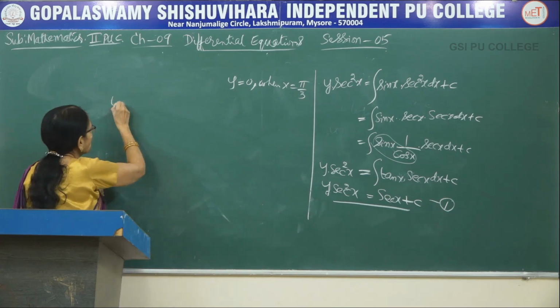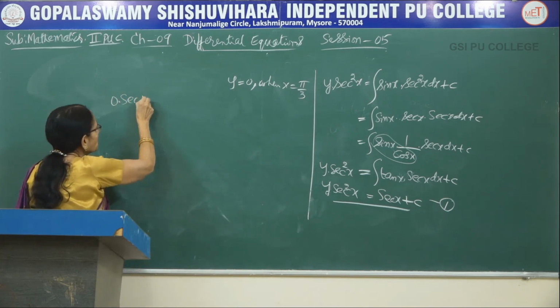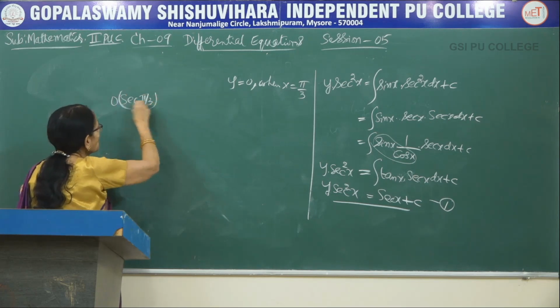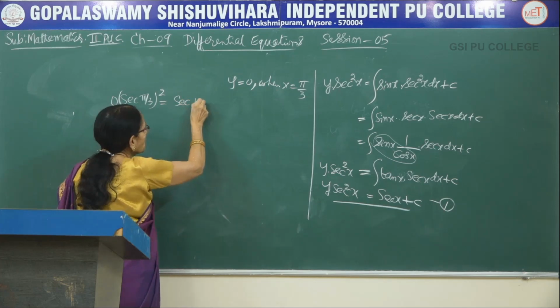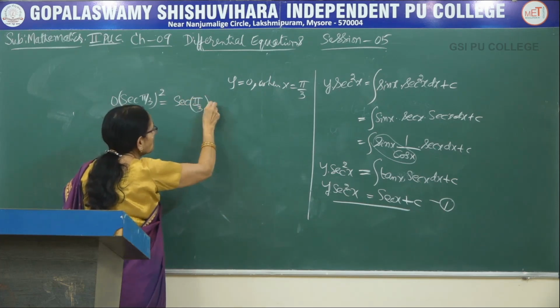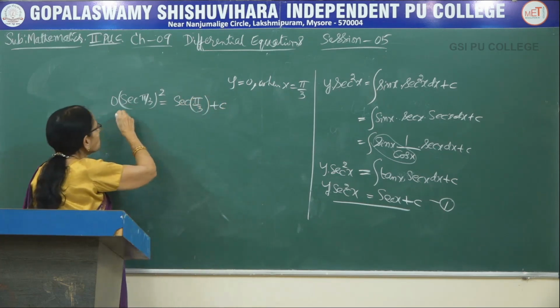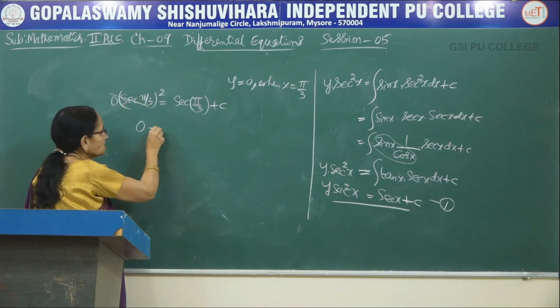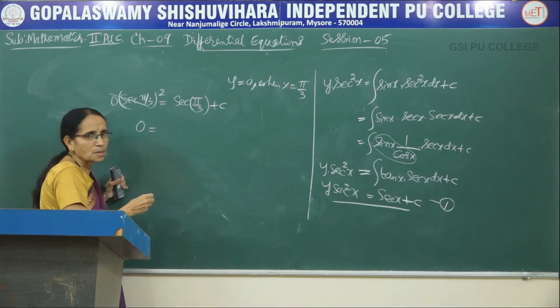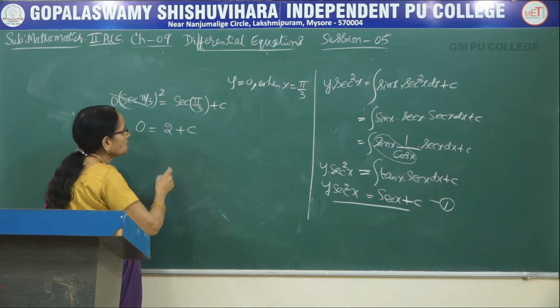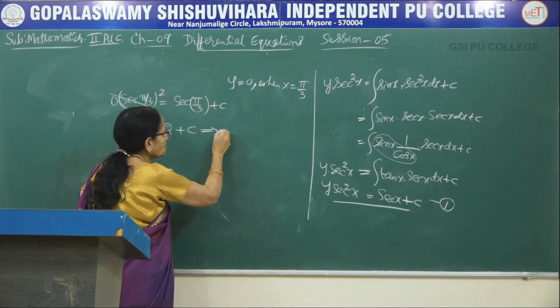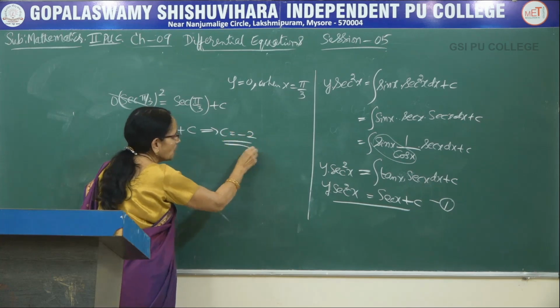Now left hand side, 0 into secant pi by 3 the whole square, is equal to the right hand side, secant pi by 3 plus the constant. When 0 is multiplied by anything, that becomes 0. Secant pi by 3, that is secant 60, has got the value 2. So it is 2 plus c, which implies that c is equal to minus 2.